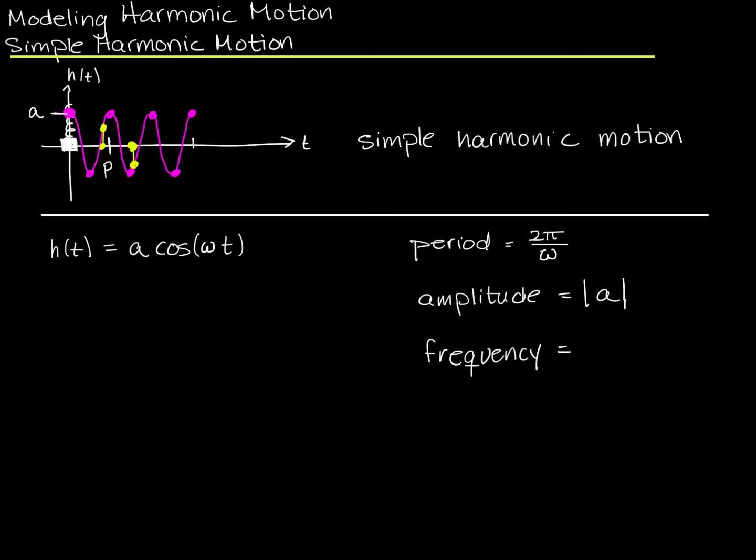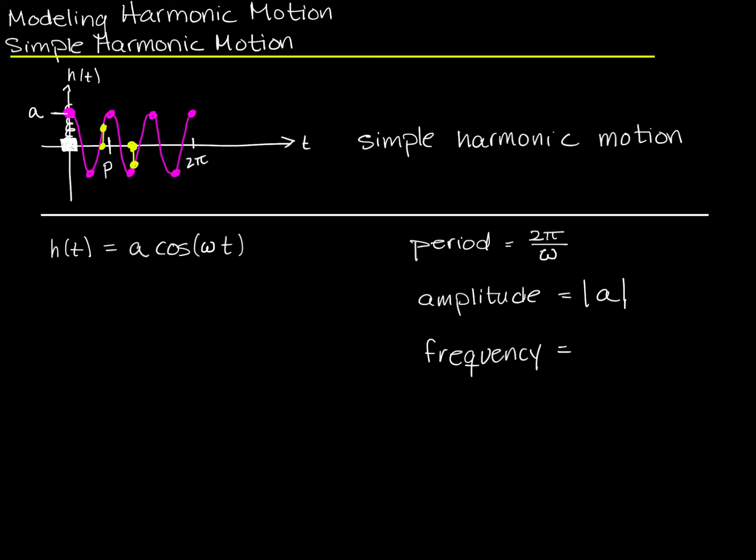Let's put 2 pi right there for just now. And k, or now omega, is the number of cycles that this graph does between 0 and 2 pi. In this case, it looks like that's going to be 3. So k, or omega, would be 3.